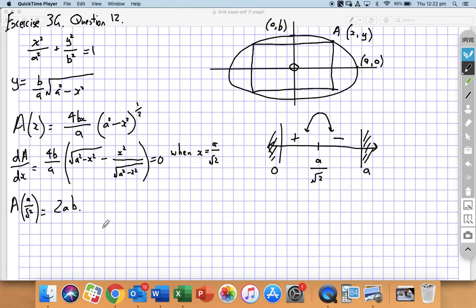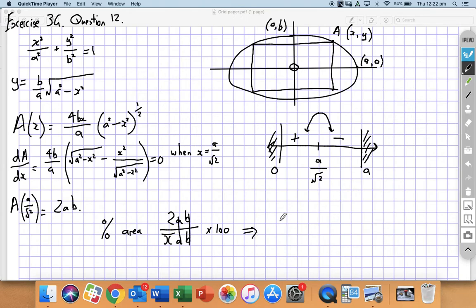All right, what's the percentage area? Remember, it was rectangle divided by ellipse, so it's 2ab divided by pi ab. The book gives you the formula for the ellipse. They cancel, and you'll need to times by 100.